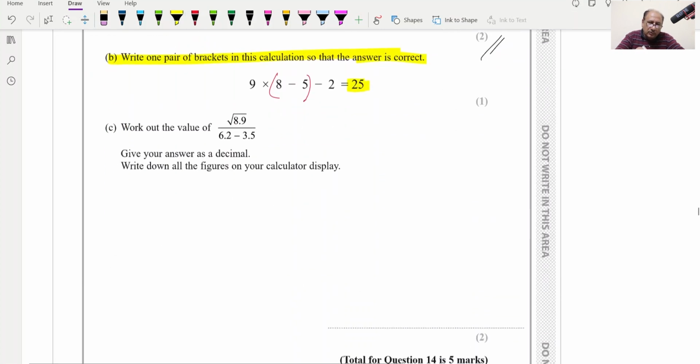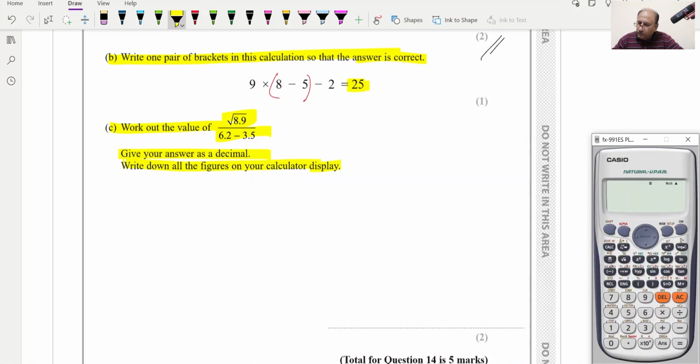And now C part, work out the value of this one, give your answer as a decimal. Write down all the figures on your calculator display. So we can write this in calculator. 8.9 over this will be 6.2, and minus 3.5, and this is equal to this one.